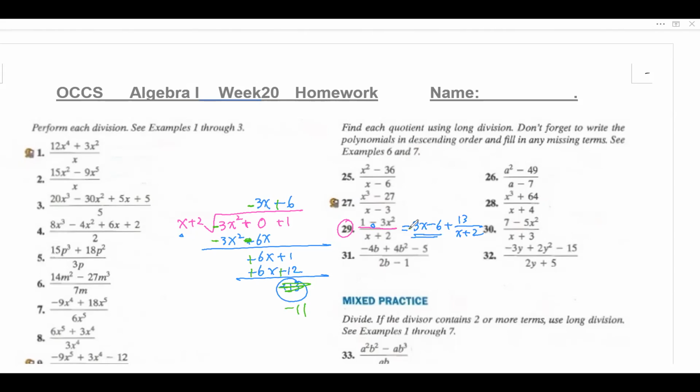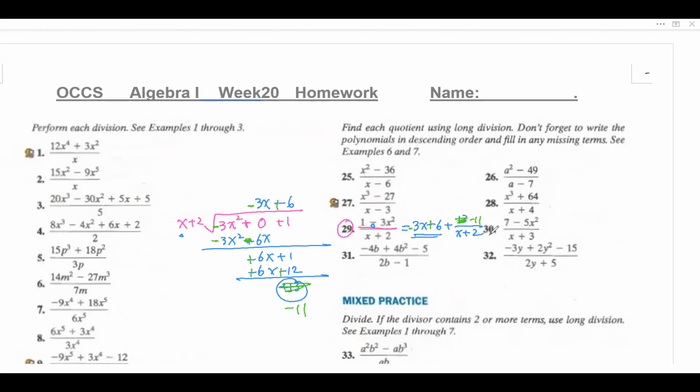So the result here is negative 3x plus 6, and here is negative 11. Thank you for correcting me. One mistake makes all mistakes, right? In math you cannot make a mistake in between. If any one small step is a mistake, it can lead to more mistakes later. Yeah, negative 10. Thank you.